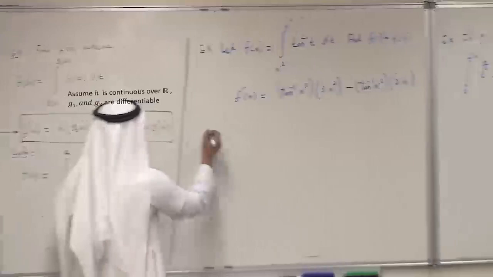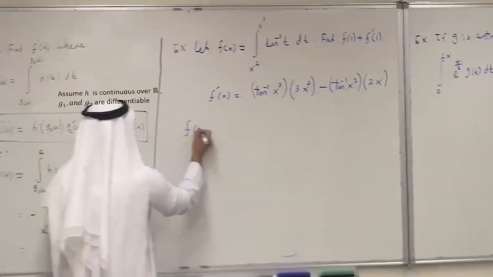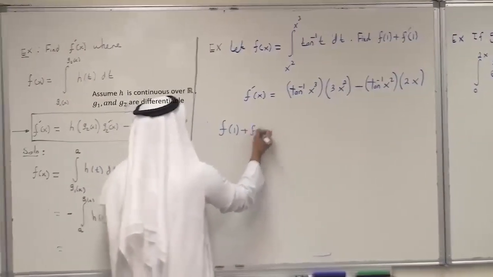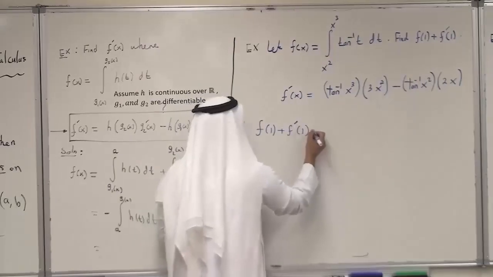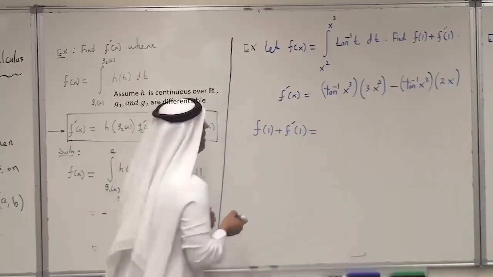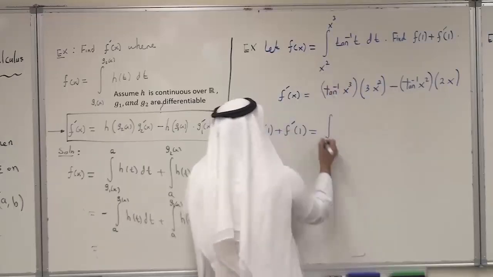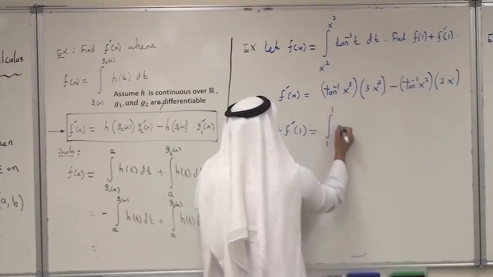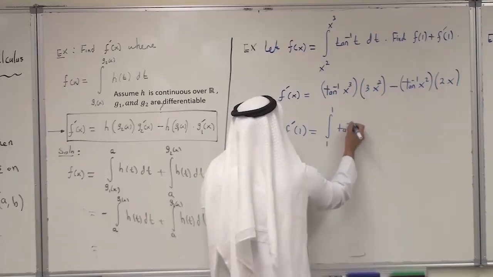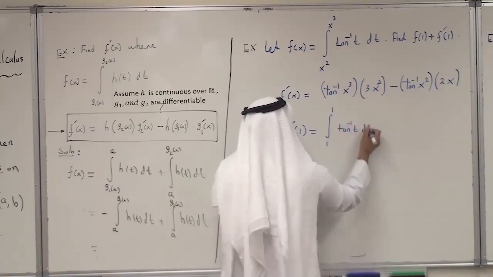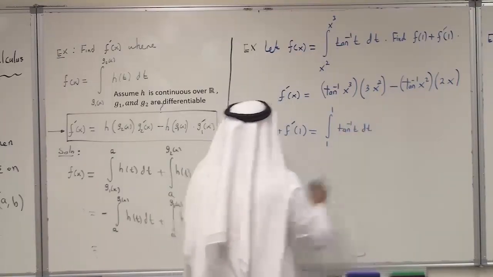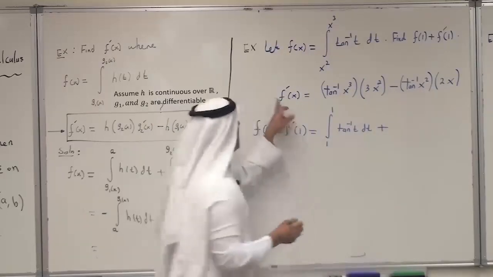Now let us evaluate the function at 1 and the derivative at 1. F of 1 plus f prime of 1 will be exactly equal to, f of 1 is the integral from 1 to 1, replacing x by 1, of tangent inverse of t dt, plus, now what is f prime of 1?